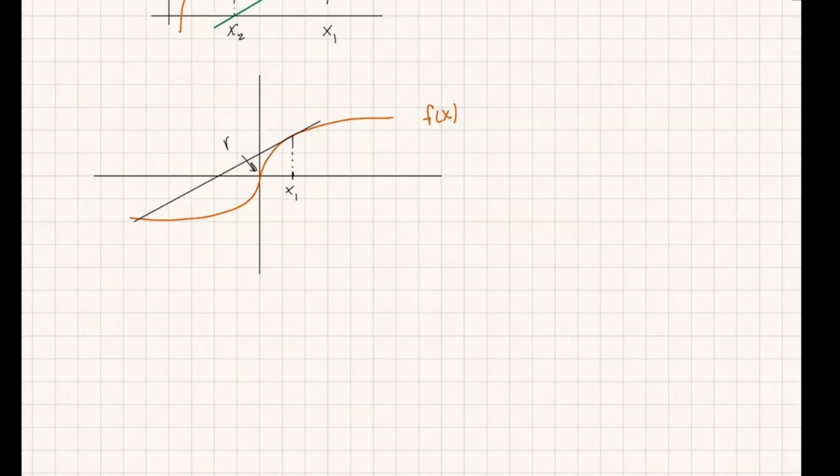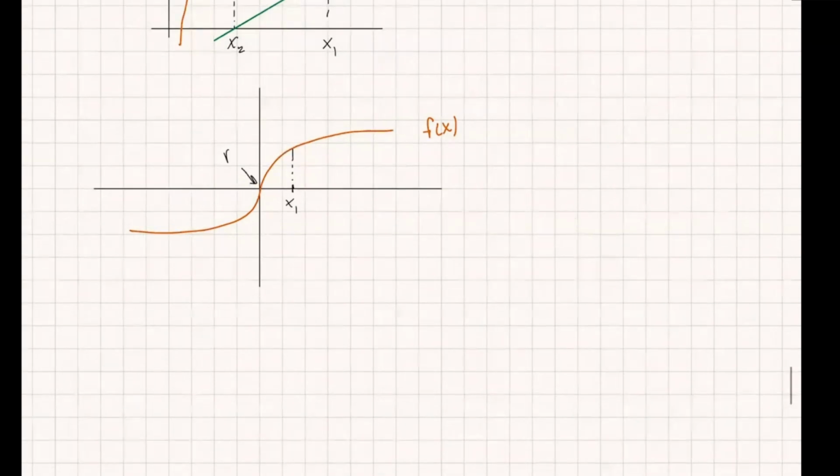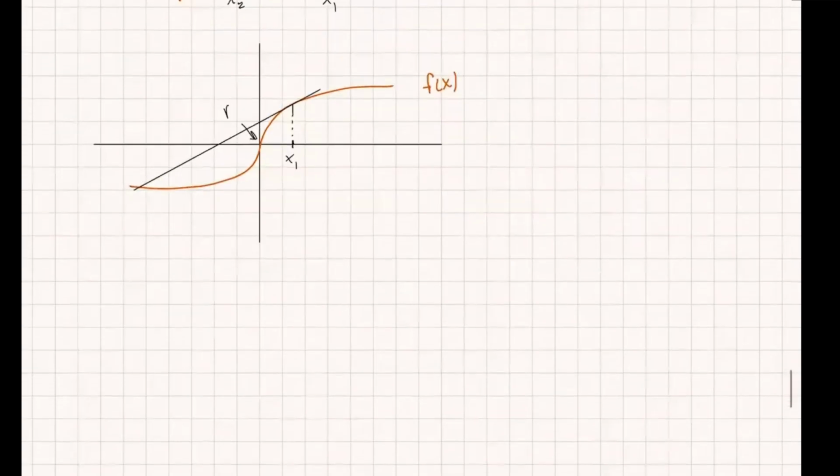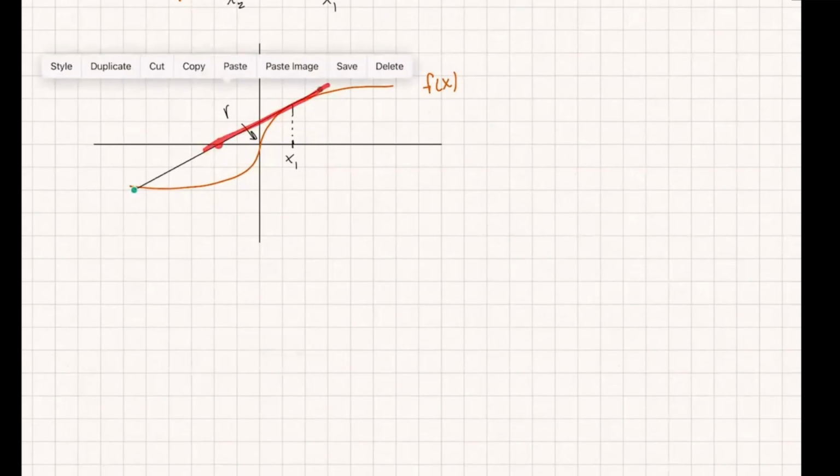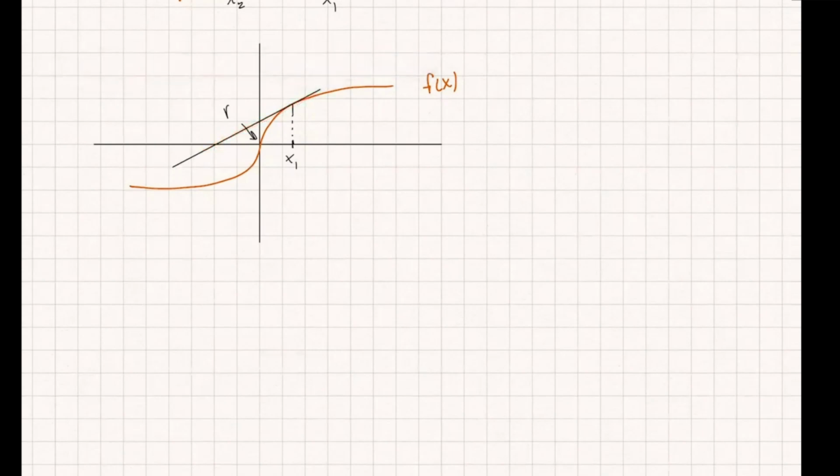And we see that the root happens here, right? So if we extend it, we don't have to extend it too far. So this would be more than enough. So this point right here, that's going to be my x2 for the next iteration, right?